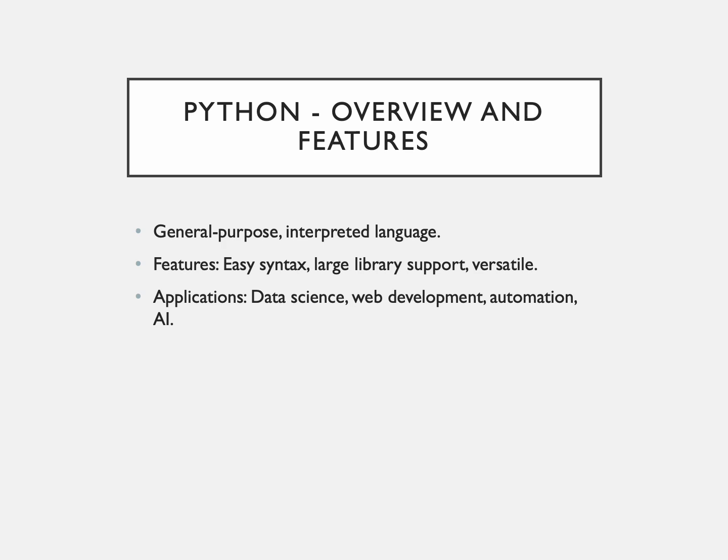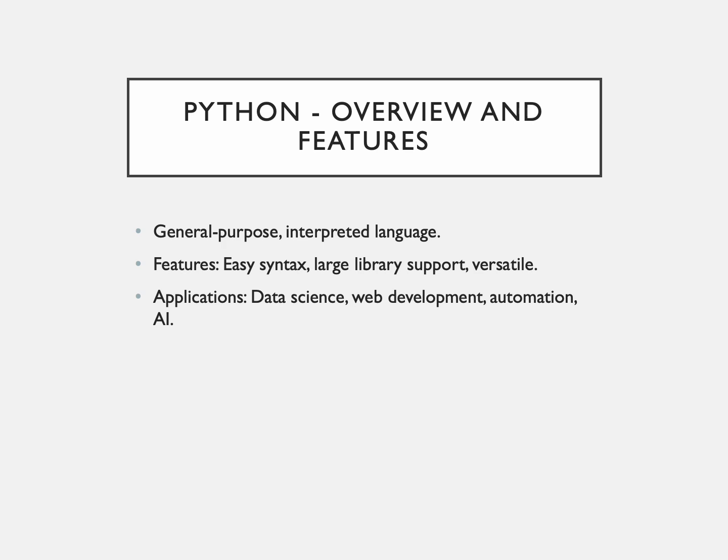So as I said, Python is a general purpose interpreted programming language. By general purpose, we mean that it can be used for a wide variety of applications, from web development to artificial intelligence.